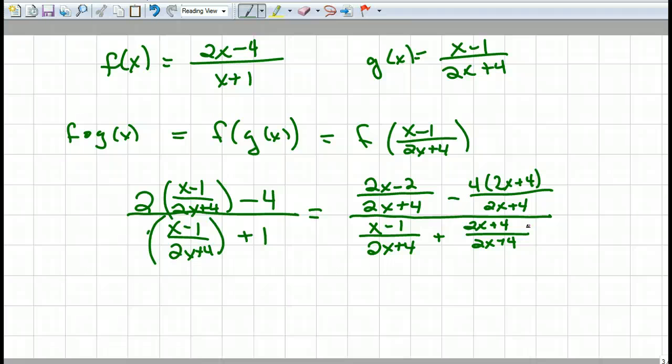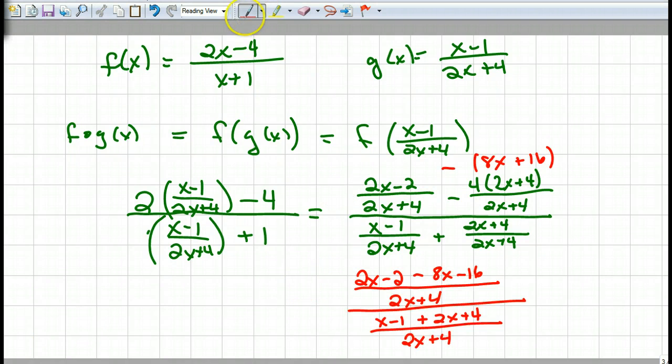Just get ready because we got more of this coming in our test. We're going to keep going. You could just pass this all over x minus 1 plus 2x plus 4. Now at this point, I am going to get rid of the denominators. Can't you just divide 2x plus 4? No, you can't do that.